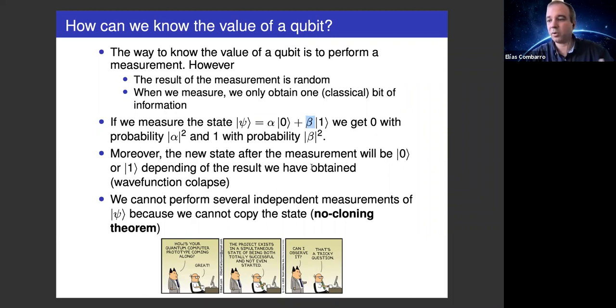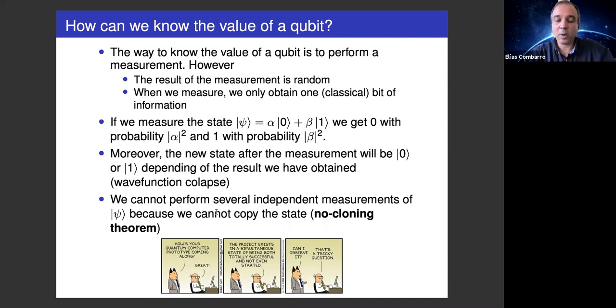So if you want to know the values of alpha and beta, it is not possible to measure this state once and again to obtain a better approximation, because it has collapsed and it's 0 now or it's 1 now.